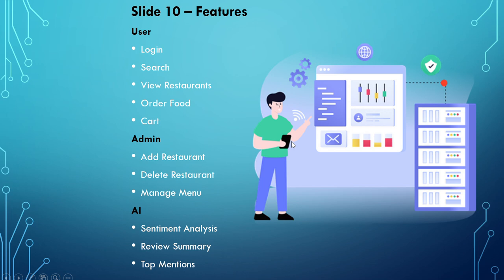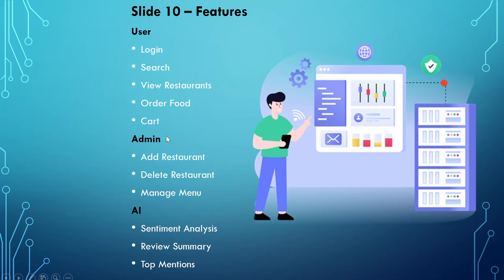Now moving toward the features of this project. This application provides different features for the users and administrators. Users can browse the restaurants, search for food items, place orders, view the different restaurants, add to the cart, and so on.